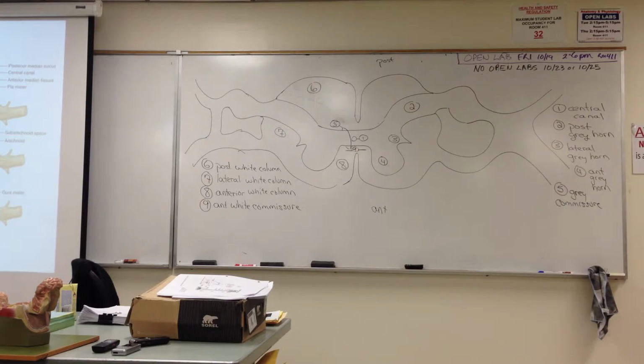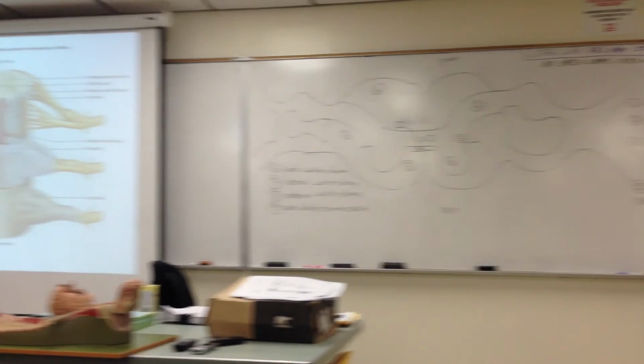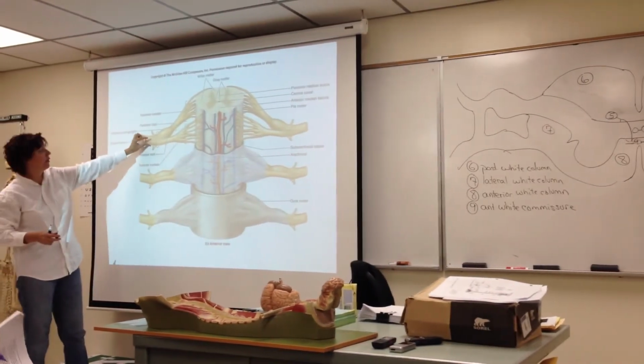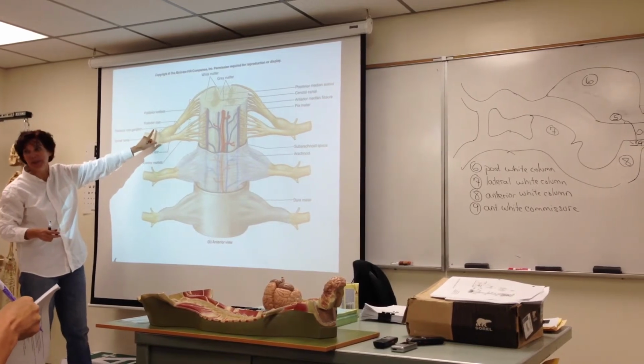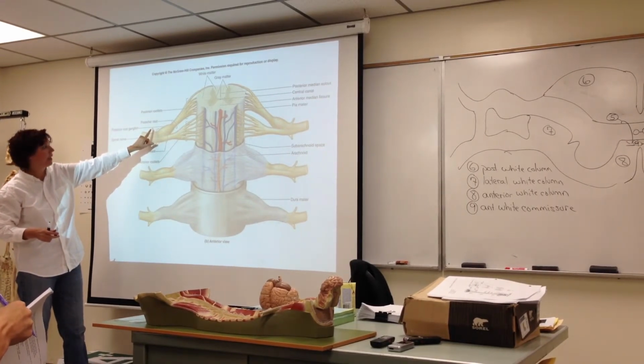And now we look at the roots and the spinal nerve and its branches. Okay. So as we look on this screen, this region right here is the spinal nerve. And immediately it divides into a very large anterior branch and a very small posterior branch. Okay.